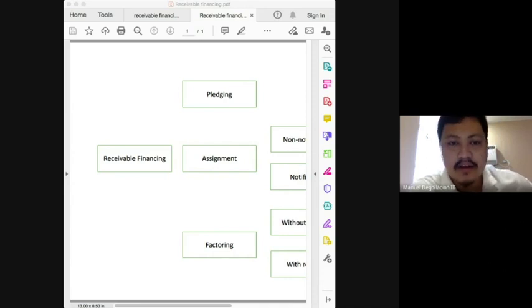Okay, and as you can see here, the three ways or modes of using our receivables as a source of financing that will be discussed today would be your pledging, assignment, and factoring. Pledging and assignment is basically using your receivables as a collateral in exchange for the funds that you would be borrowing.